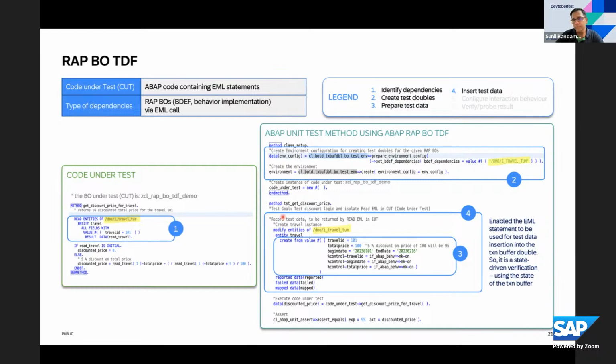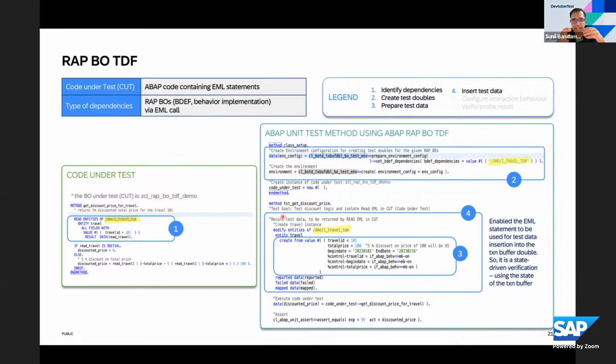Okay. So this RAP BO TDF is one exception wherein we offered both approaches, which is state-based verification as well as interaction behavior-based verification like stub and mock, but both are independent. You have to pick for a particular test either this approach or that approach. You cannot use both.